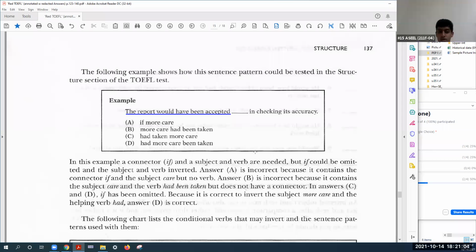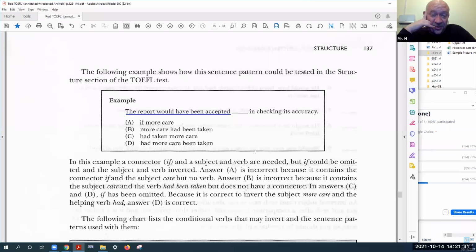If more care in checking its accuracy. So if I use if, what is more care in the sentence? What is care, by the way? Which part of speech?